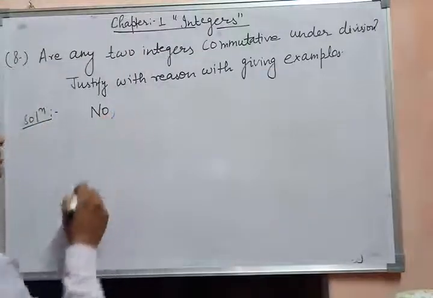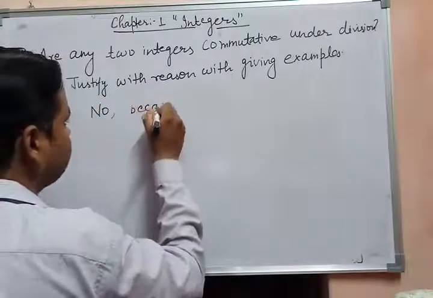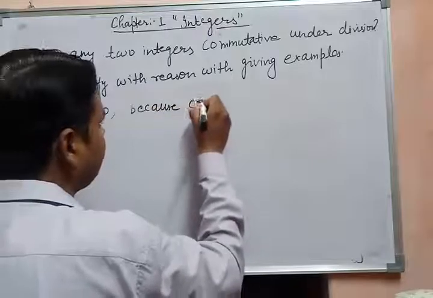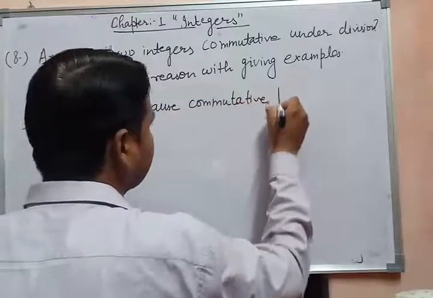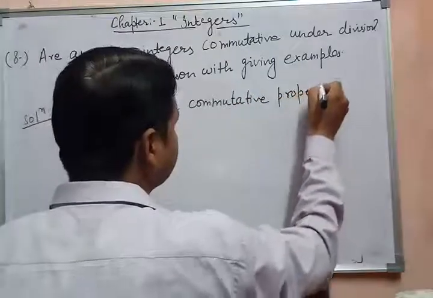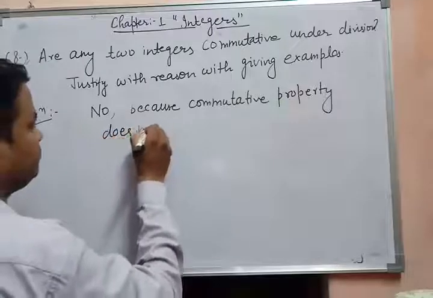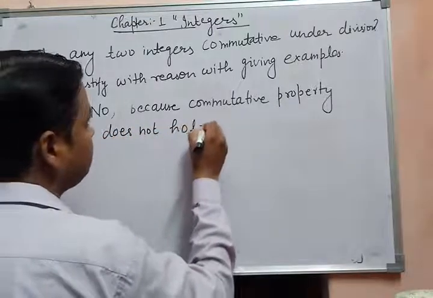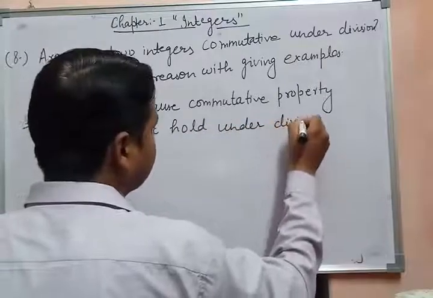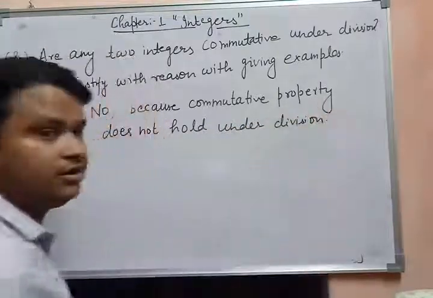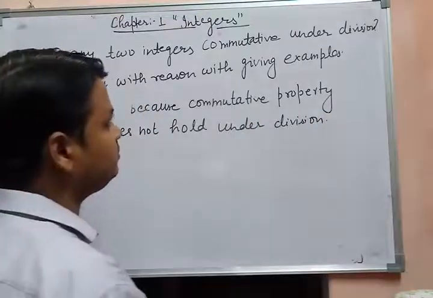You have to write here the reason: because commutative property does not hold under division. So this is the reason, and you have to justify this reason with a suitable example.